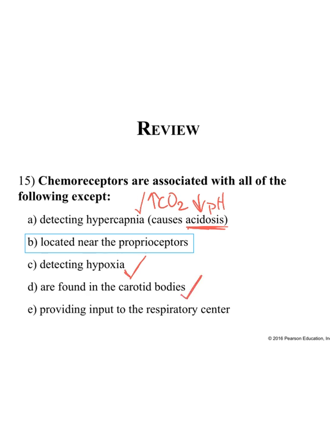They are found surrounding your common carotid arteries, and they do provide input to the respiratory center. If oxygen levels are too low or CO2 is too high, they want to change your respiratory rate as well. Being located near proprioceptors, which give you information about the position of the body, has nothing to do with that.